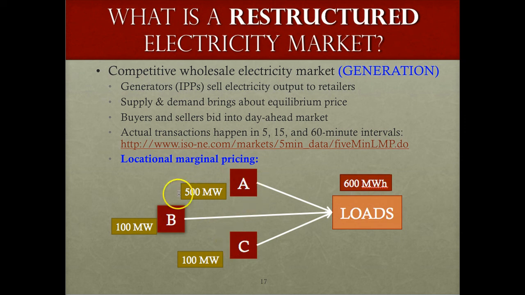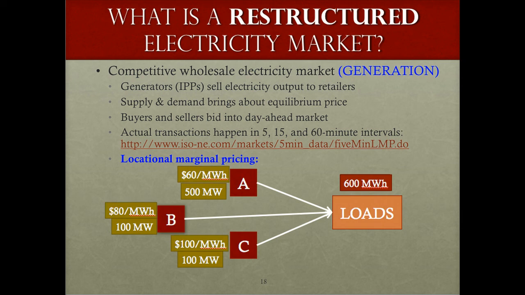Generator A has a capacity of 500 megawatts, meaning it can supply 500 megawatts of power, or 500 megawatt hours of electricity over the course of 1 hour. Generators B and C have capacities of 100 megawatts each. The combined capacity of all generators is 700 megawatts, 100 plus 100 plus 500. But only 600 megawatt hours are demanded. Which generators will operate in this example?